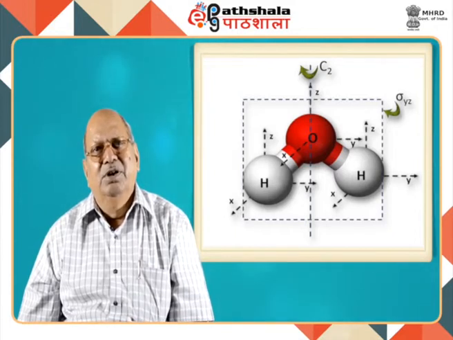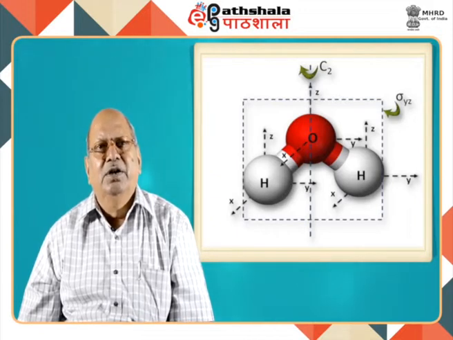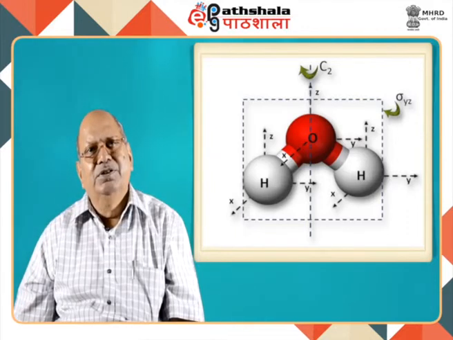As we have explained in earlier modules, if we take 3n vectors as the basis, we first find the number of atoms unshifted by performing a particular symmetry operation on this molecule.